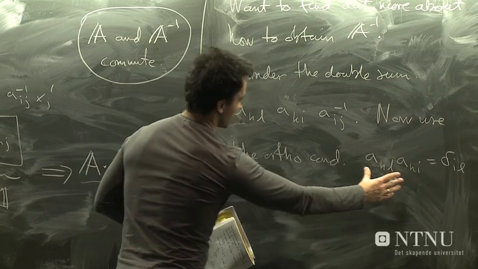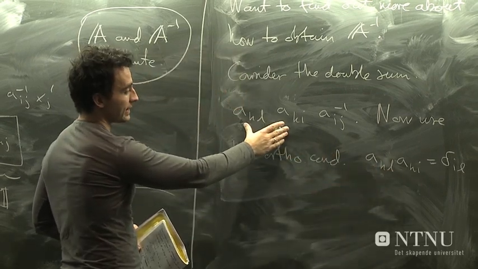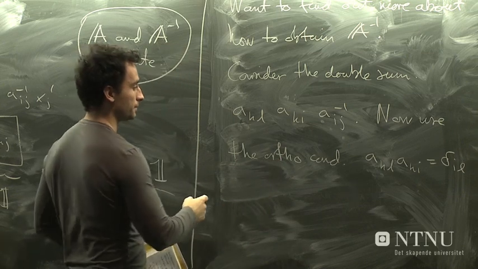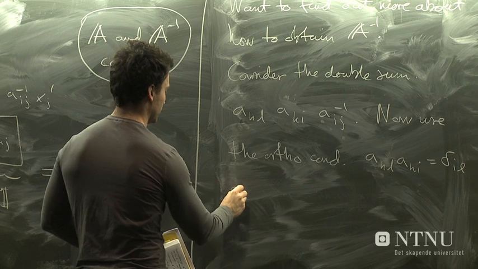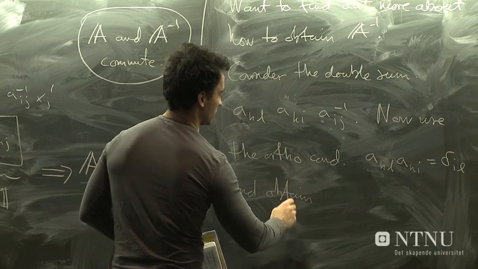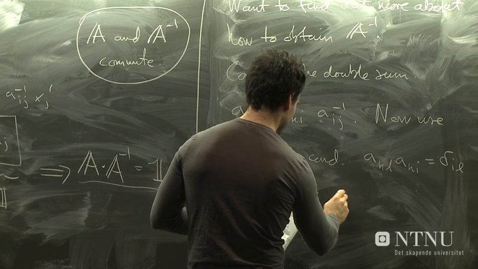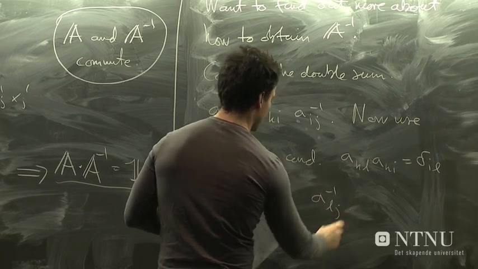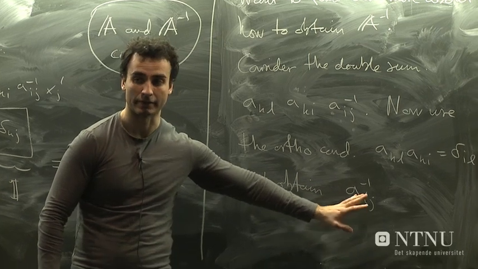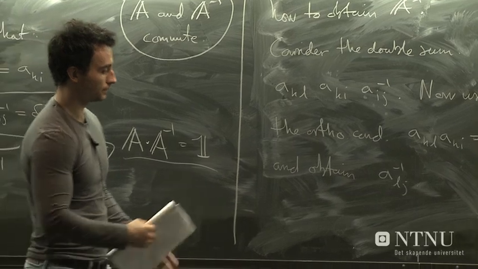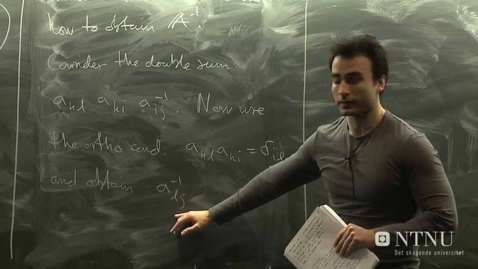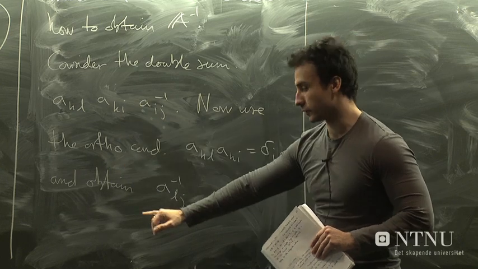So if I now insert this here, I have delta il multiplied with Aij inverse. And in fact, this double sum becomes Alj inverse. So that's one relation. We have that this is equal to this.